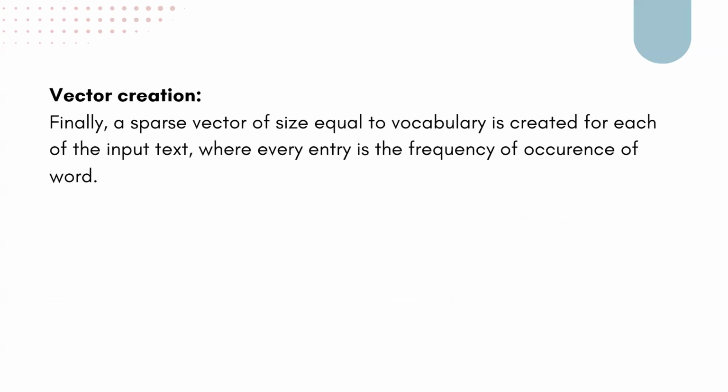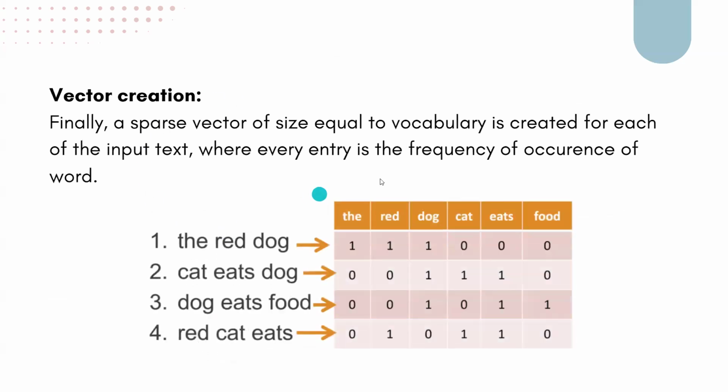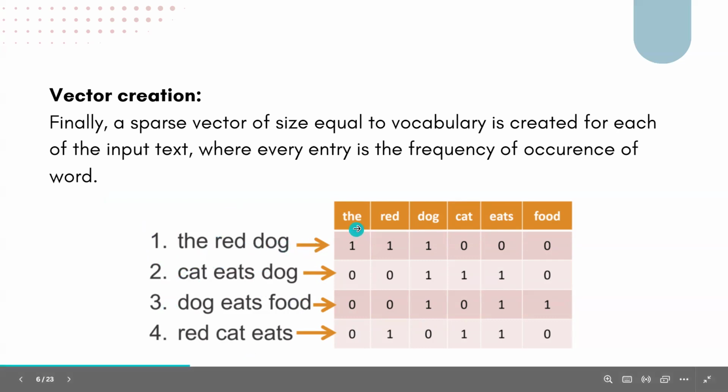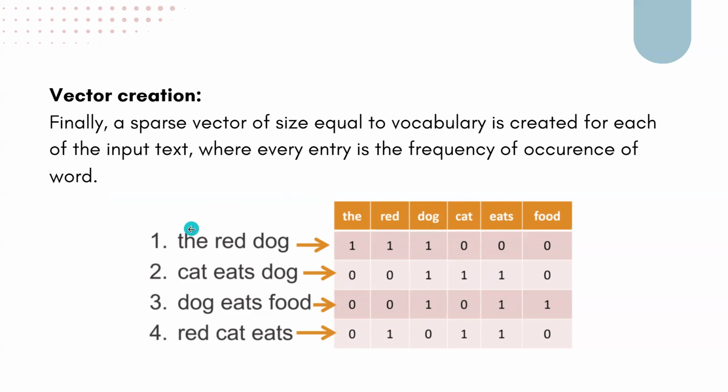So, vector creation. Let's take a toy example. Let's see these four sentences, the red dog and the other three sentences also. They contain these six words. The sentence "the red dog" has the first three entries as one, because it is the frequency of the term present in this sentence.